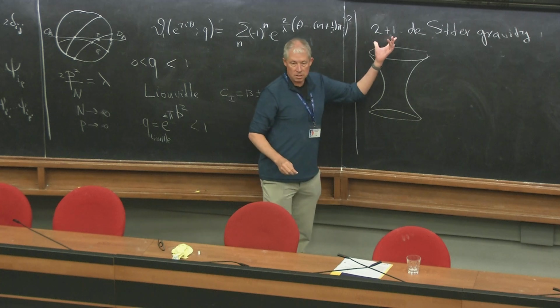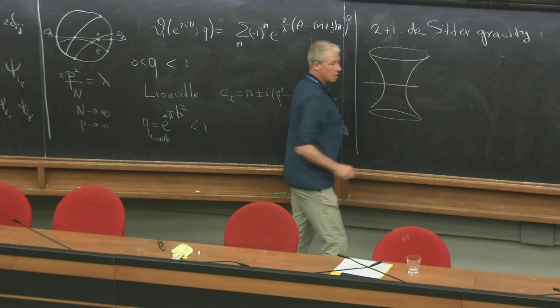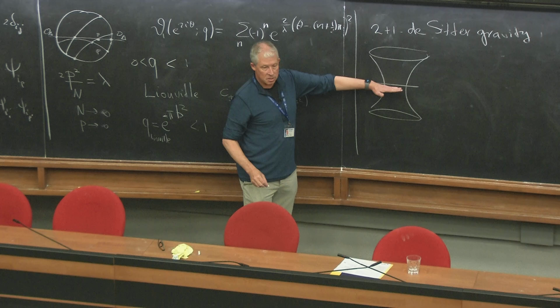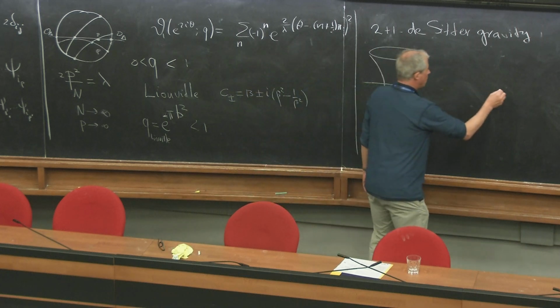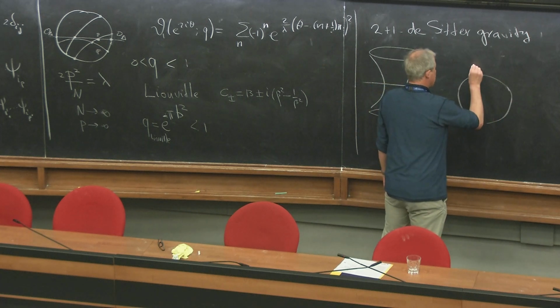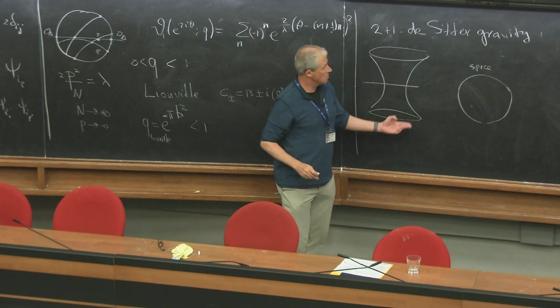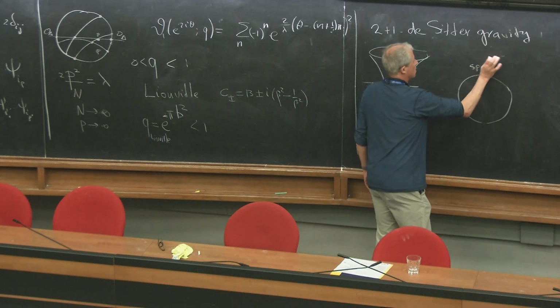But I'm going to do this now in 3 dimensions. If I slice it through the middle here, this spatial section is a 2-sphere. So let me draw that 2-sphere for you. So this is space. This is the set of spacetime. So this is a spatial slice.